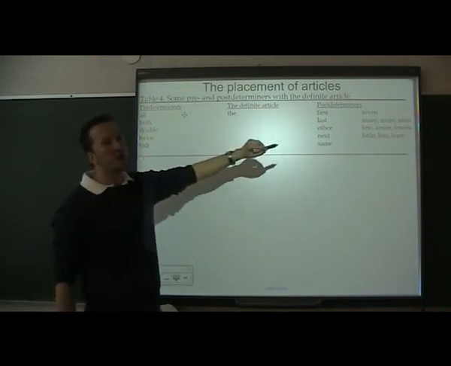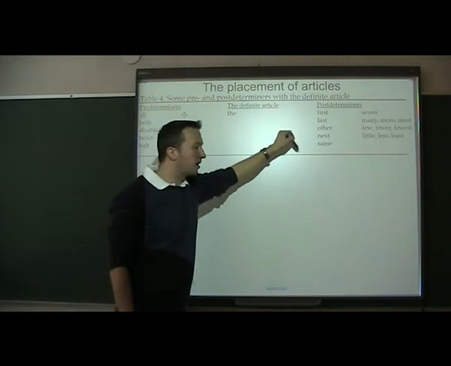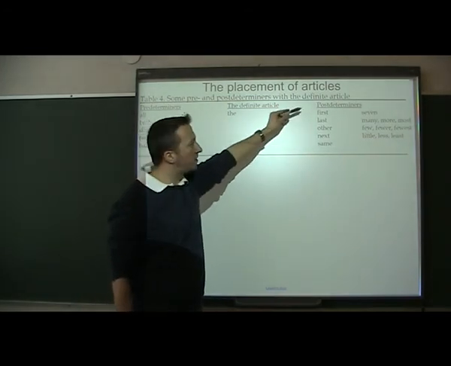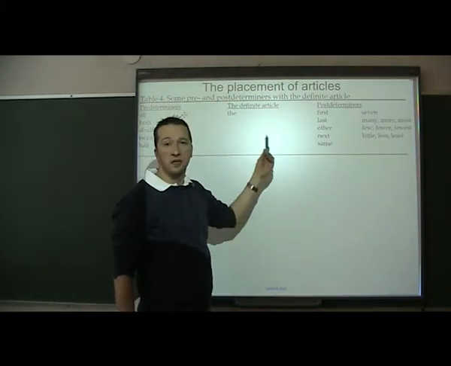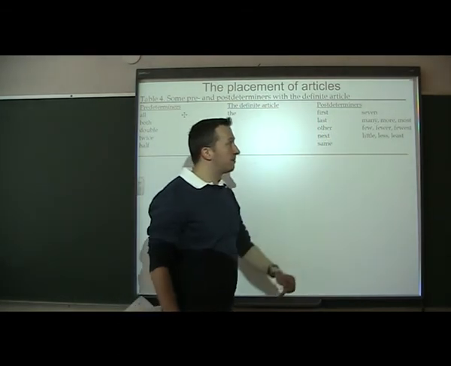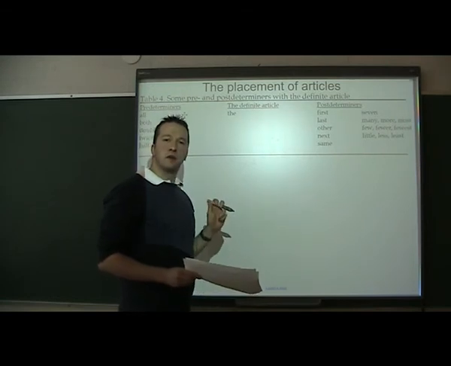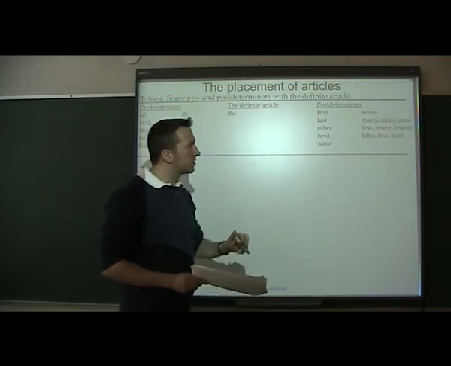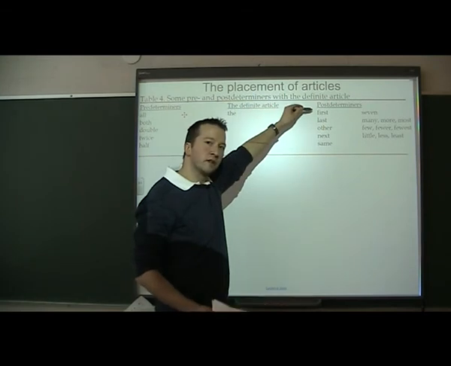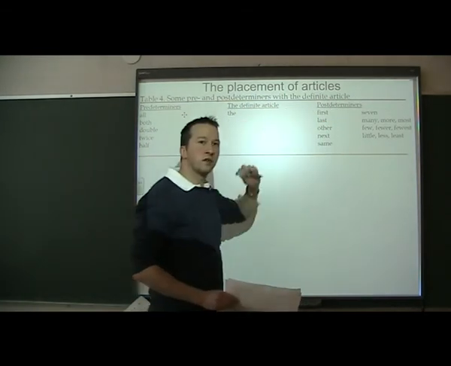And some words, post-determiners, that appear after the article, and they are first, last, other, next, same, and then seven, many more, most, and so on. Do you notice that if you have both ordinal and cardinal numbers, you need to have the ordinal numbers first, followed by the cardinal number.